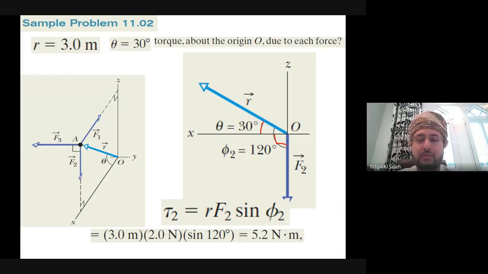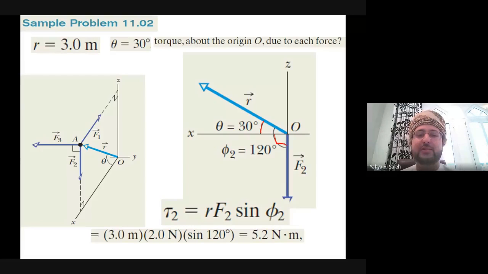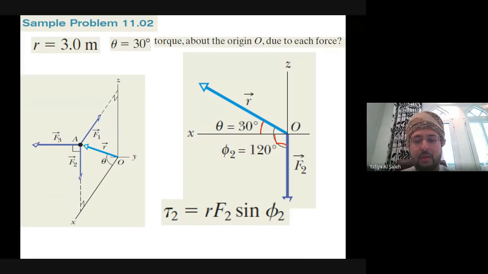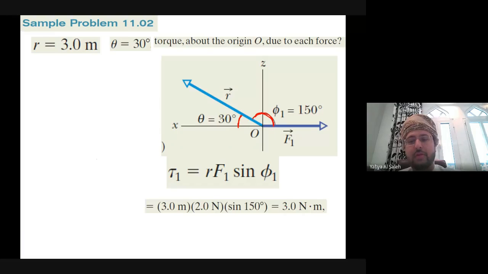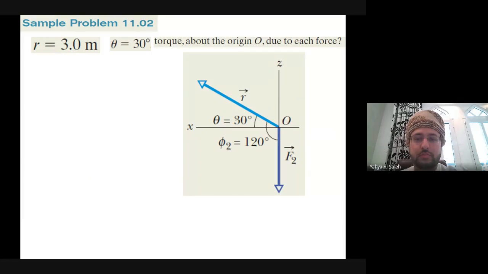What about the direction? R, F, and it is outside. So in the plus Y direction. Now we have 3 Newton meters in the minus Y. We have 5.2 Newton meters in the plus Y direction.